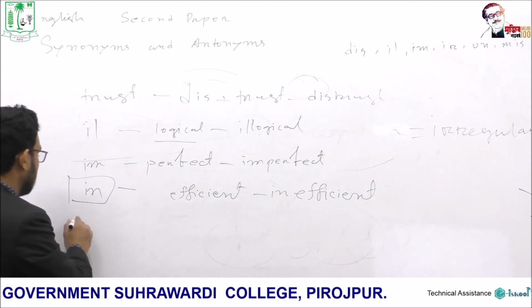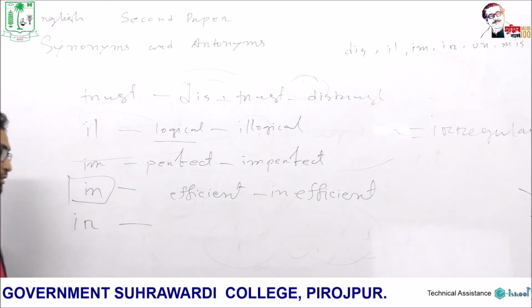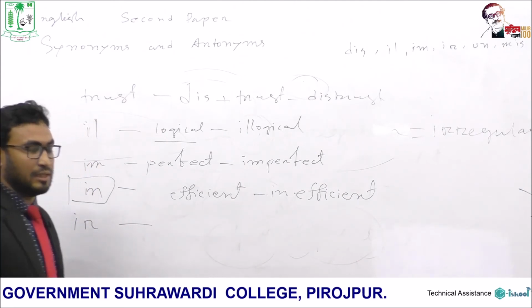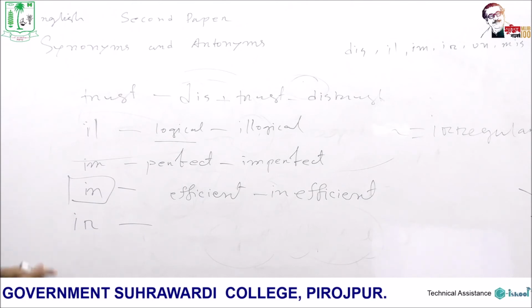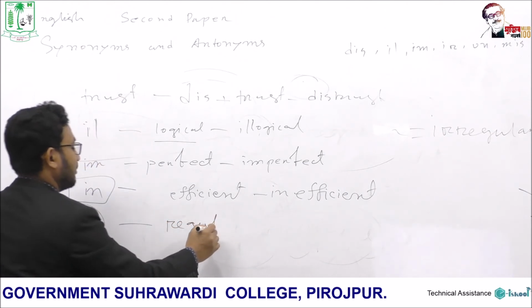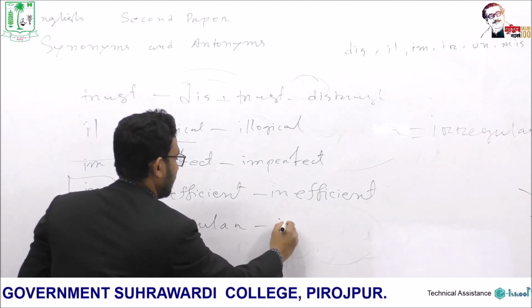And look at the prefix ir. Can you develop an antonym by adding the prefix ir? I have already mentioned one. This is regular. Regular becomes irregular.